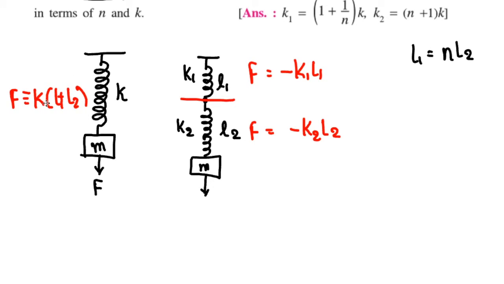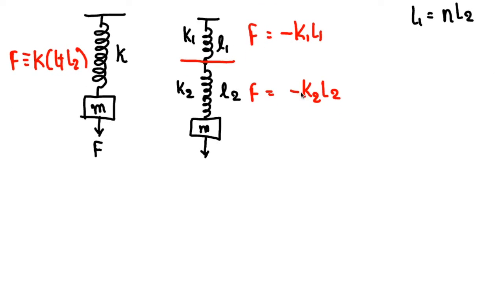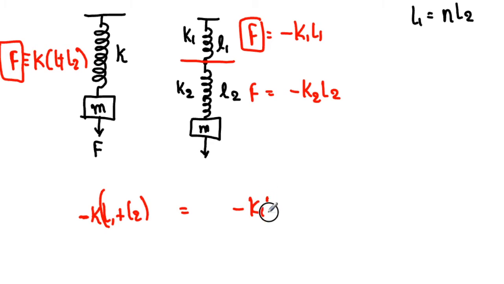So you can compare, forces are the same in all these three cases. Comparing our same force with the total force, I can say that minus K (L1 plus L2) is equal to minus K1 L1.